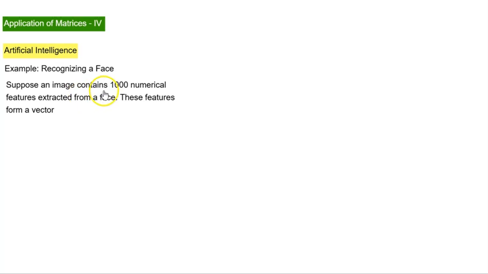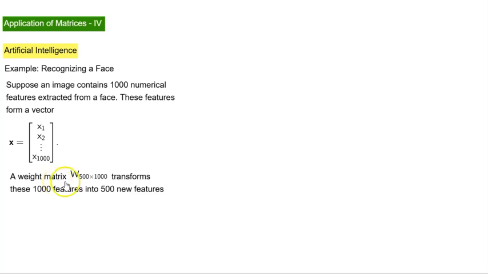Suppose an image contains 1,000 numerical features extracted from a face. These features form a vector. So let's say the vector is x equal to 1,000 features. So this is a single vector in matrix form containing 1,000 rows. A weight matrix of order 500 by 1000 transforms these 1000 features into 500 new features.